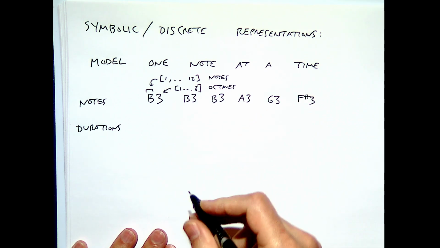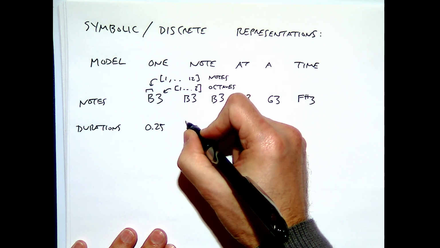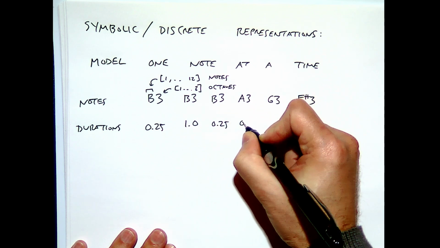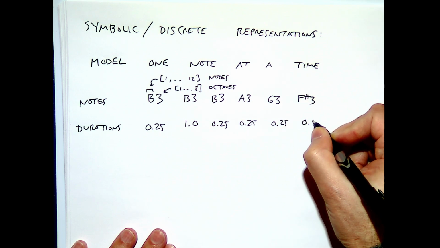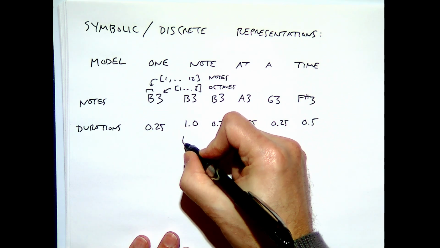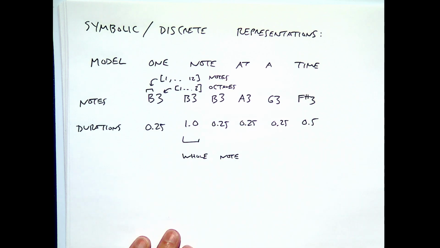And then for each of these notes, I could have a duration. Again, if you know musical notation, there's something called the time signature, which tells us in general how fast we're playing the song. And this is what's called a whole note, which is saying that this note takes up the whole bar, the whole measure. Again, I can't teach you music theory from scratch.